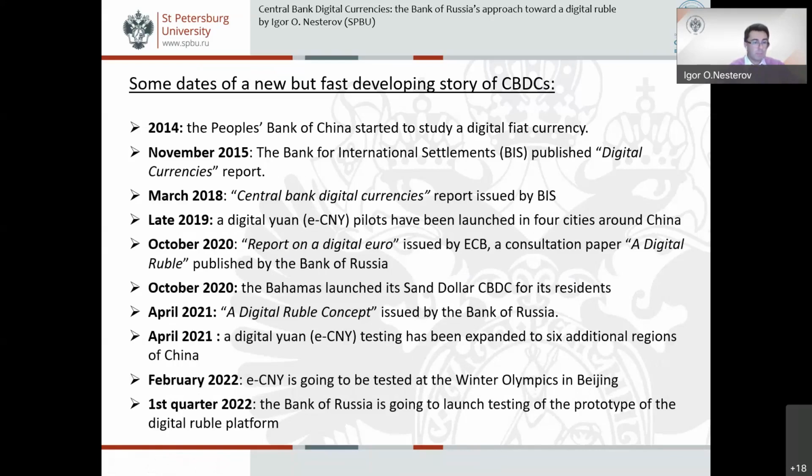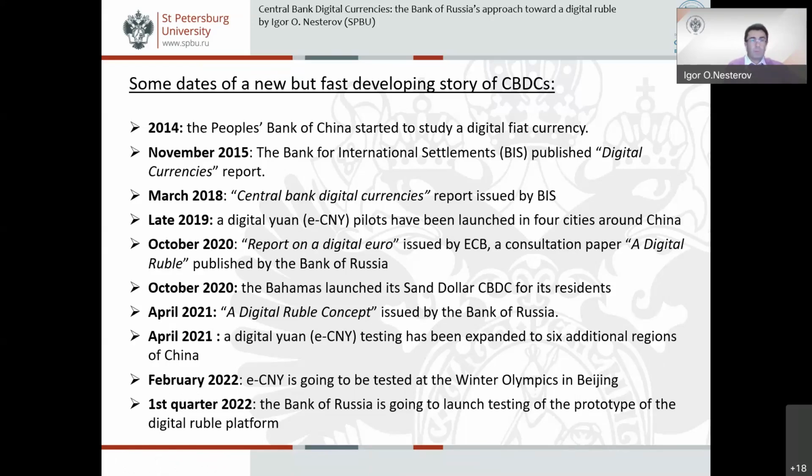In November 2015, just a little bit more than 6 years ago, the Committee on Payments and Market Infrastructures, a specially designed working group within the Bank for International Settlements, the so-called bank for central banks based in Basel, issued a report called Digital Currencies.